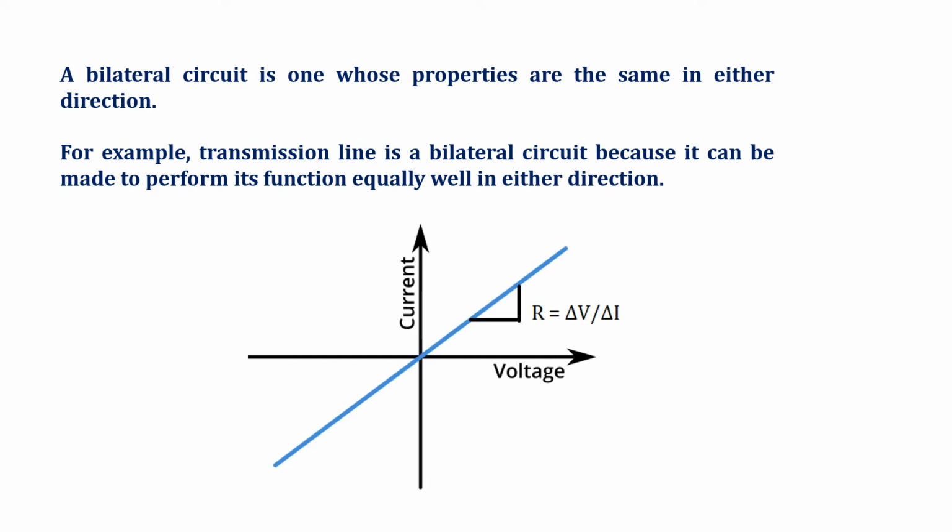Passive elements are those which receive the electrical energy and then either convert it into heat form or store it in electric field form or magnetic field form, right? Those elements are called passive elements.